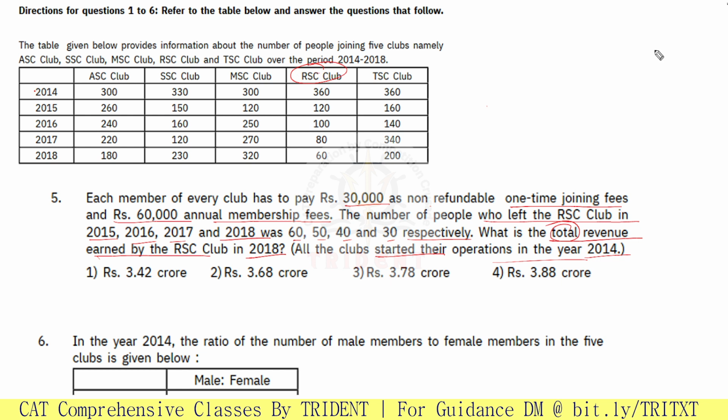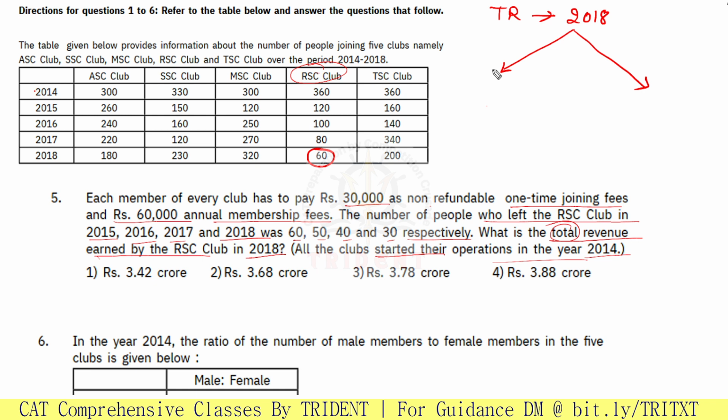So please understand, we are looking at 2018, the total revenue. Okay, so we are looking at the total revenue for 2018. 2018, please understand, has two components, because there are people who have joined also.